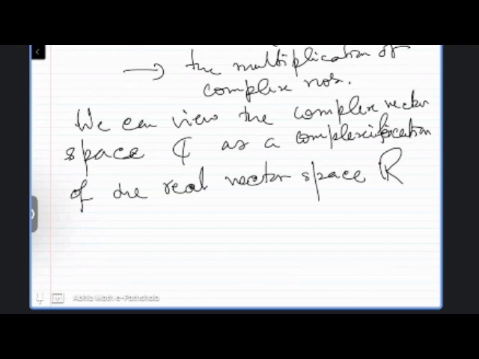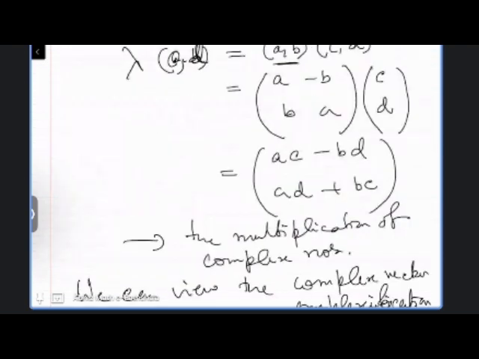So C as a vector space over C is nothing but a complexification of the real vector space R over R. Is it okay? Did you understand?